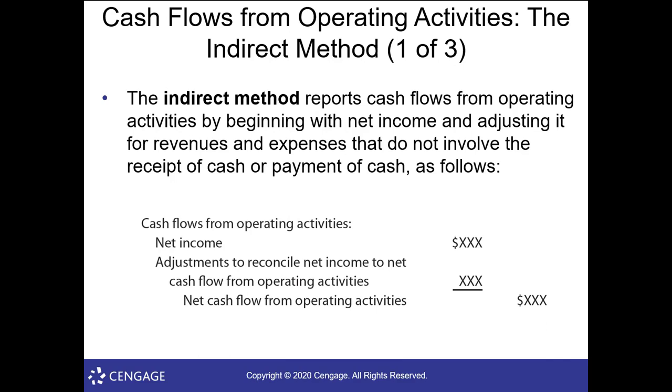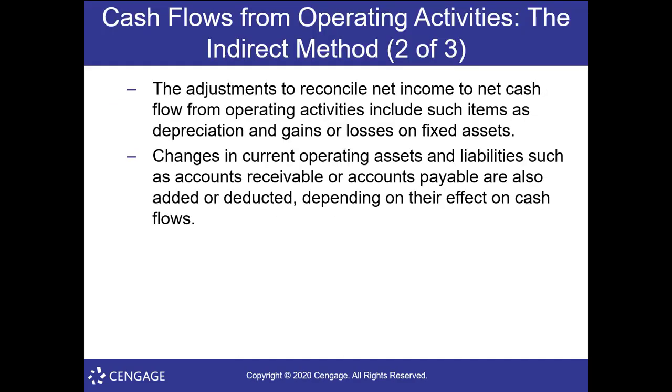The indirect starts with net income, and then it makes various adjustments to reconcile that net income to net cash flows from operating activities. These adjustments include any non-operating items, such as gains and losses on the sale of fixed assets or investments, and non-cash items such as depreciation.